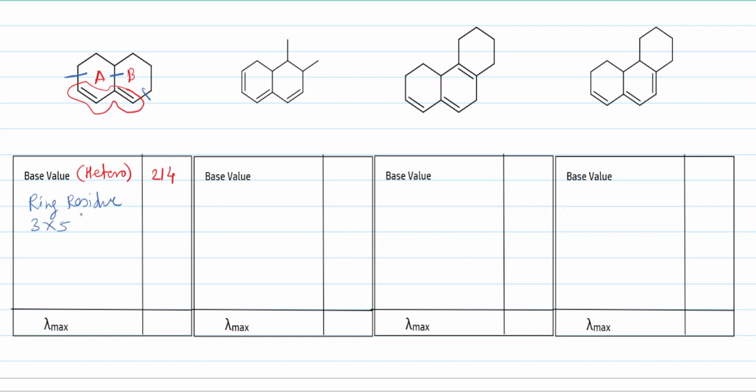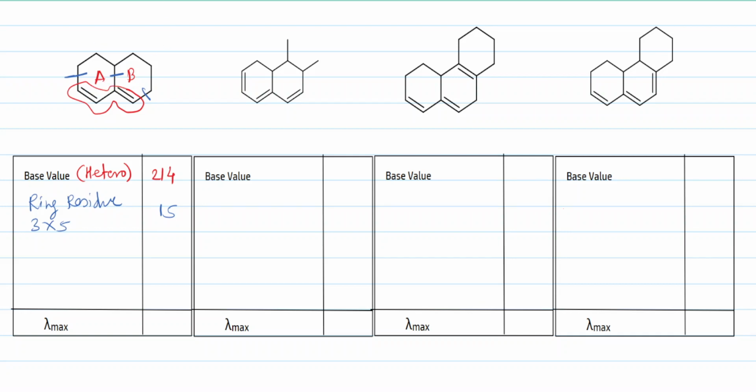3 into 5 is equal to 15. Other than this, no extra conjugation is there. We have to identify the exocyclic double bond because a cyclic system is there. For ring A, this double bond is exocyclic because it is just outside and attached to one carbon.